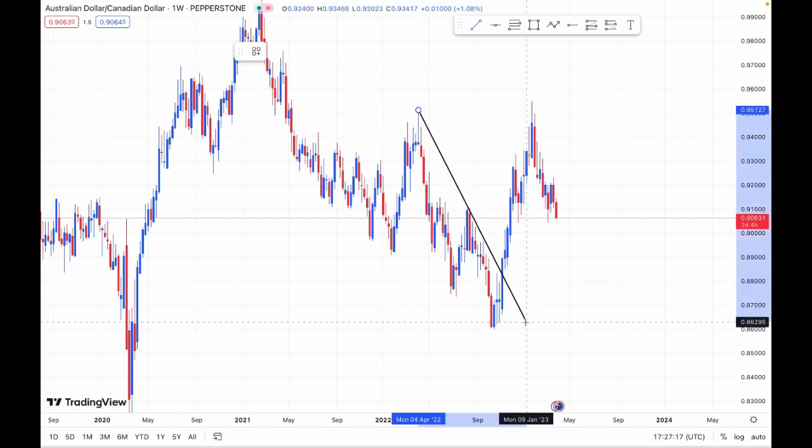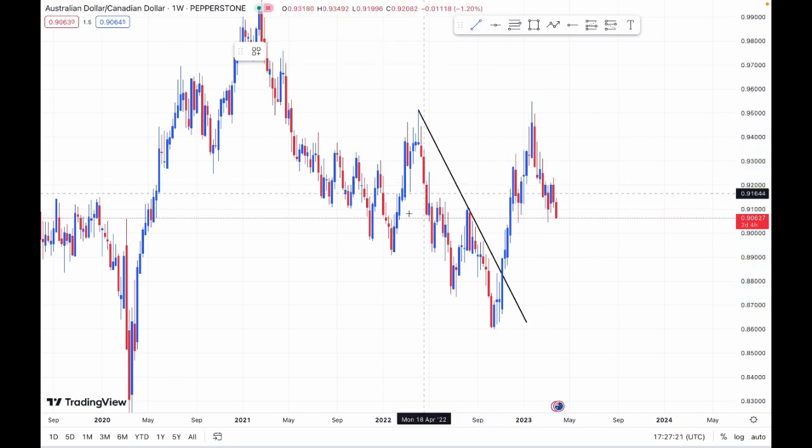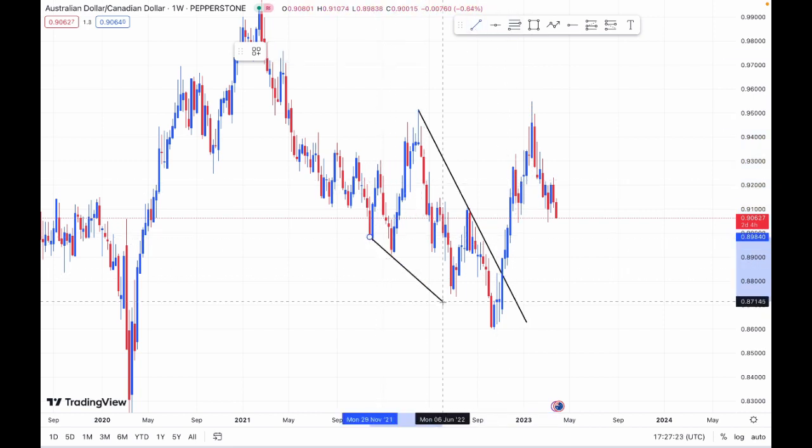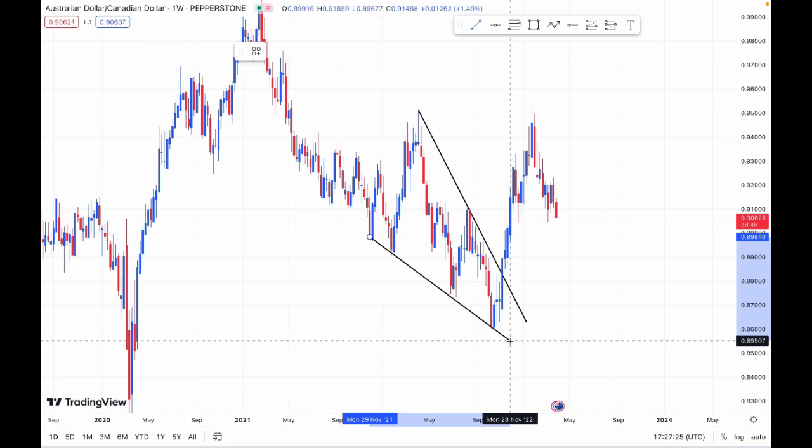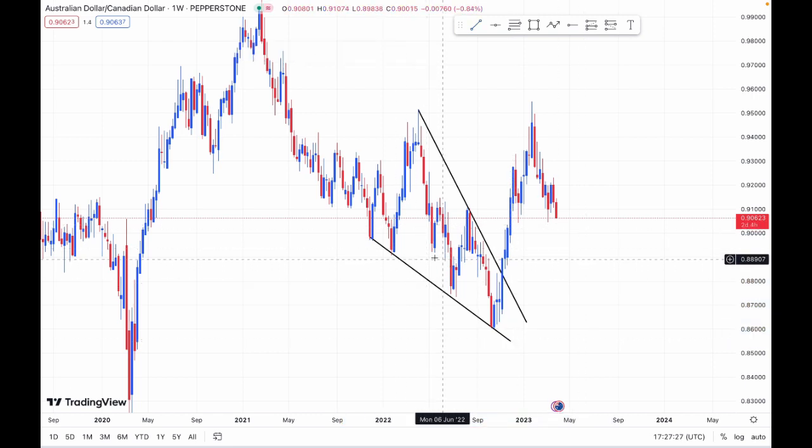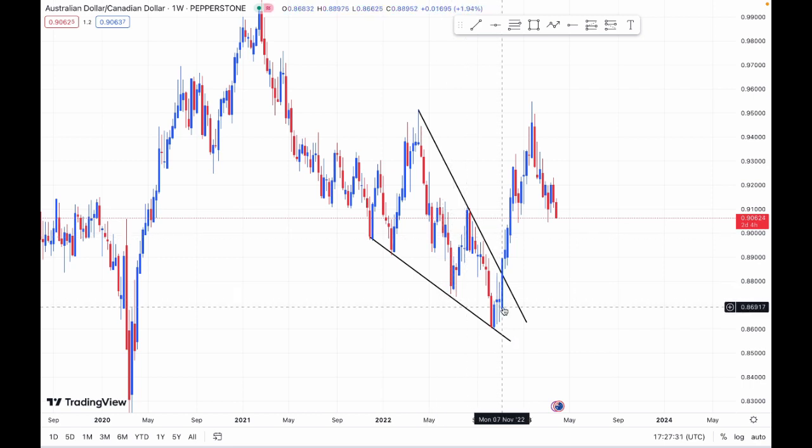So what is a falling wedge? A falling wedge is basically like a triangular type thing. It's hard for me to explain by words, but as you can see, usually when the market is squeezed in at the bottom, it breaks out in the opposite direction and starts trading upwards.